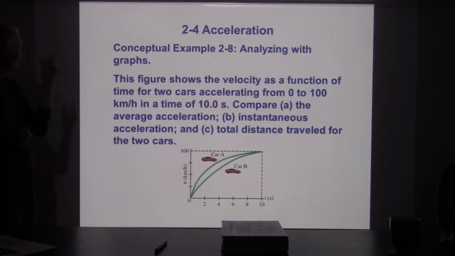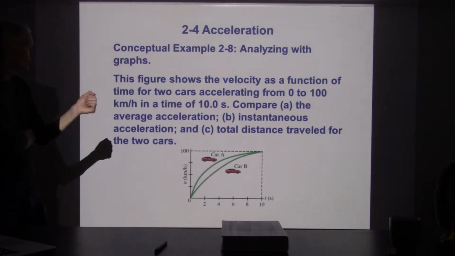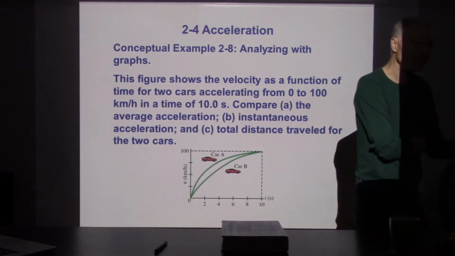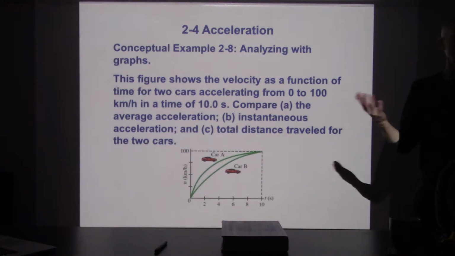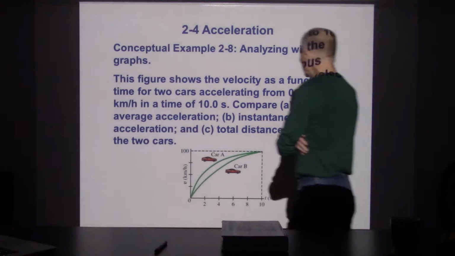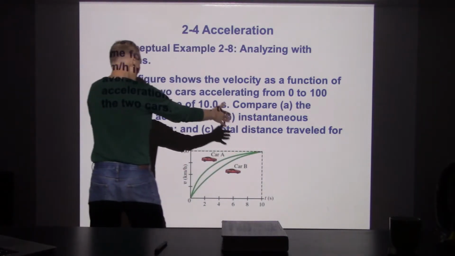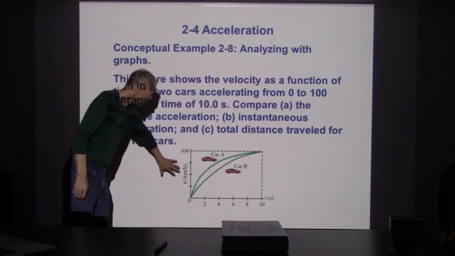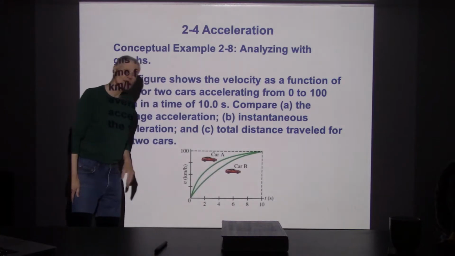Now, I'm thinking the average acceleration is going to be the same, because average accelerations only depend on what? The average accelerations only depend on delta v and delta t. They only depend on endpoints. And during the same time interval, the same delta t, both cars experienced the same delta v.